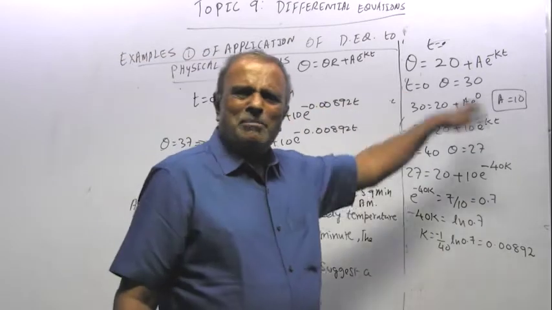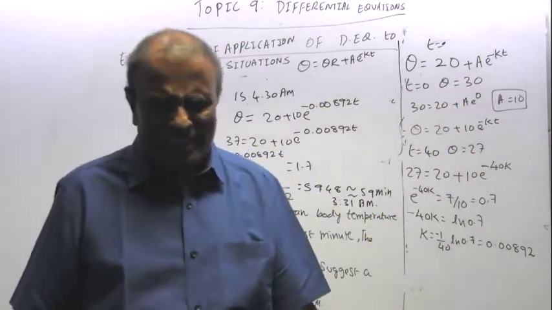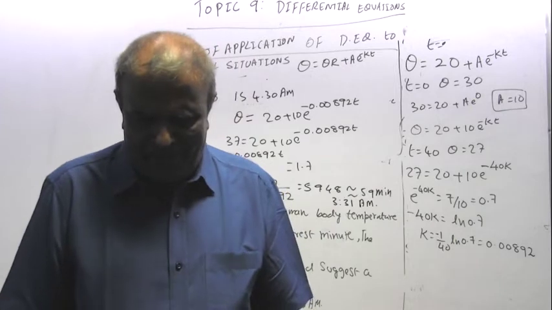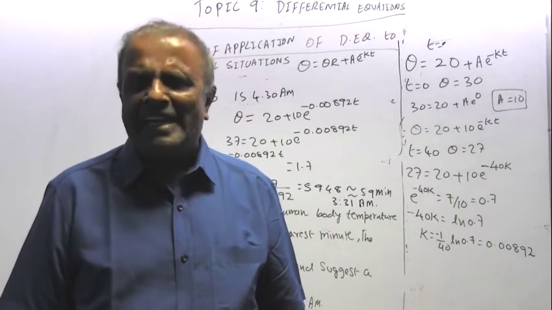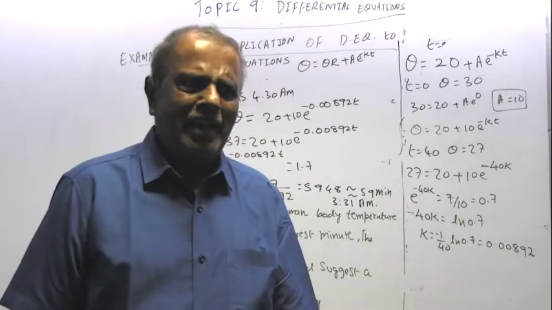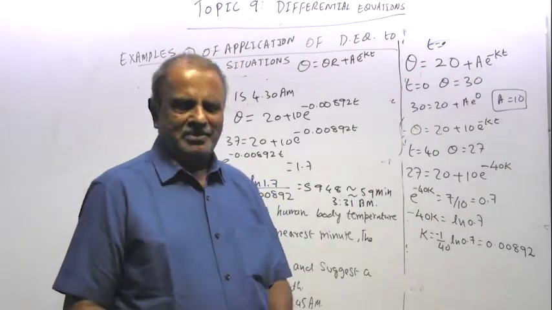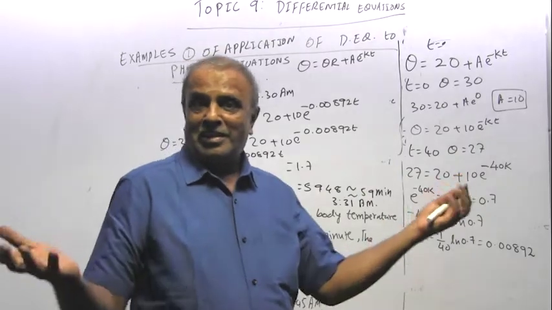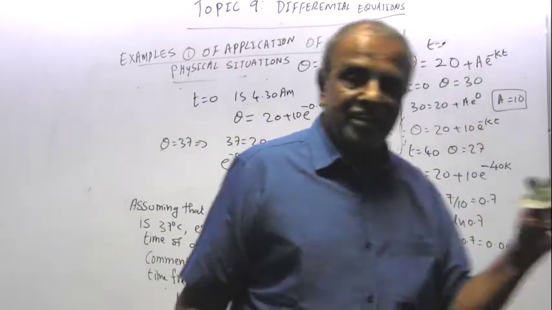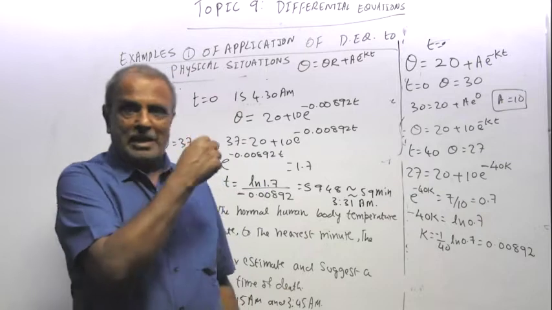Of course, the numbers might be different, the temperature and other things may be different. Way back in the early 1980s, in one of the A-level practice papers or textbooks, I had come across this question. Newton's law of cooling is a principle of physics, but it's applied to differential equations.